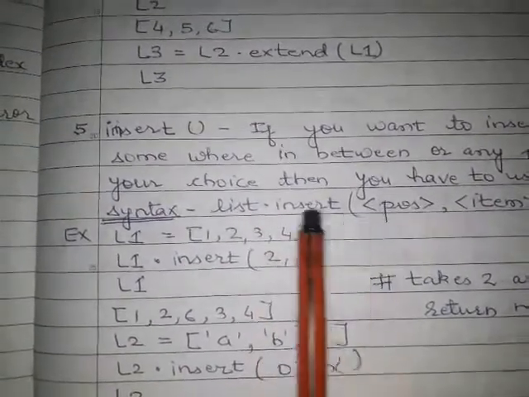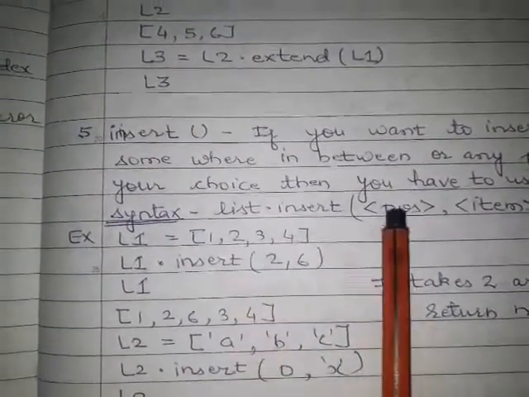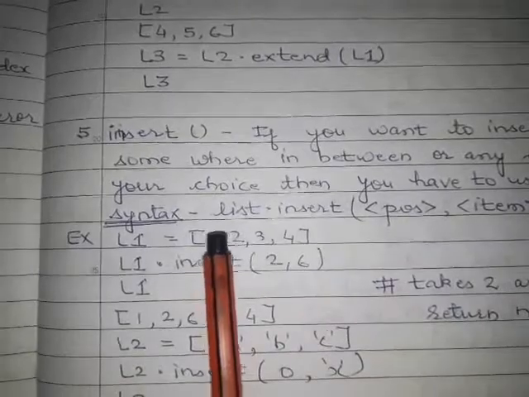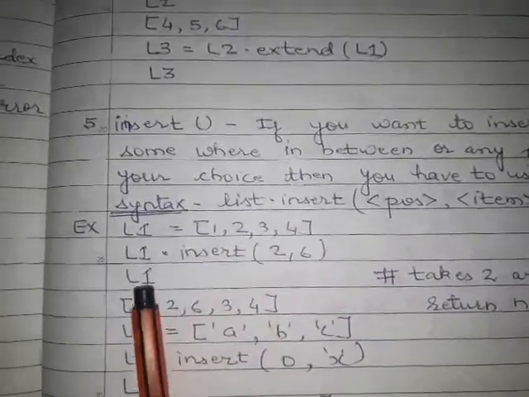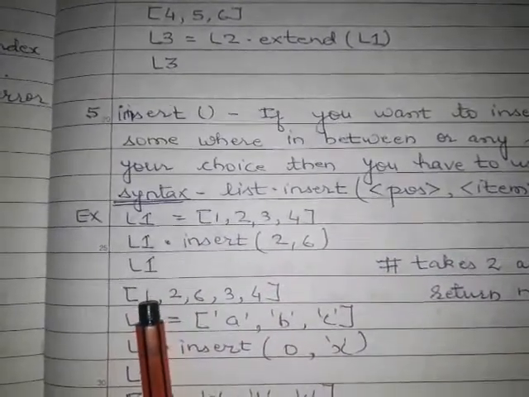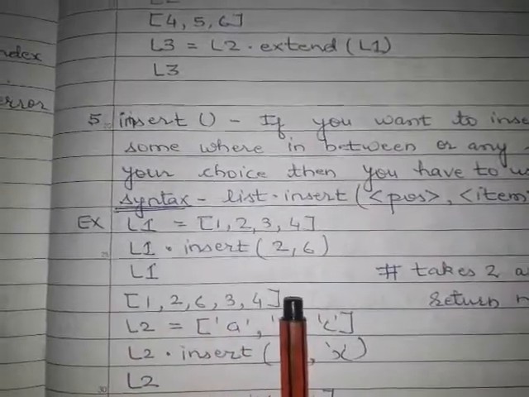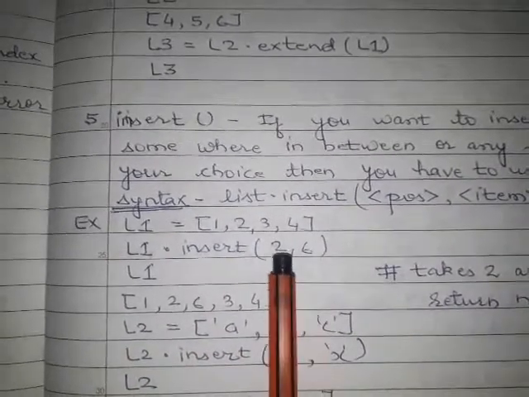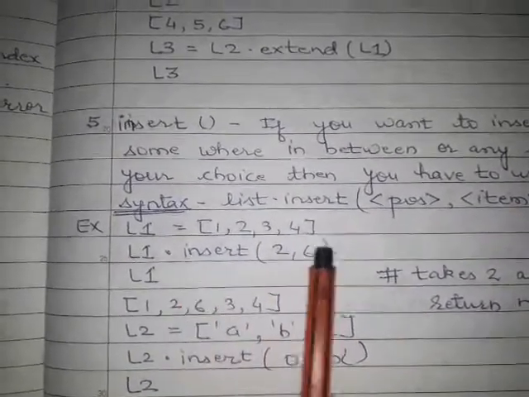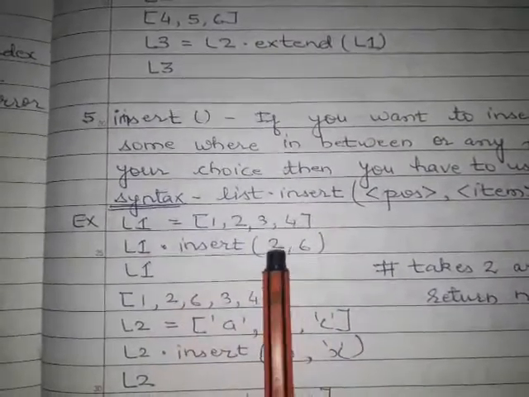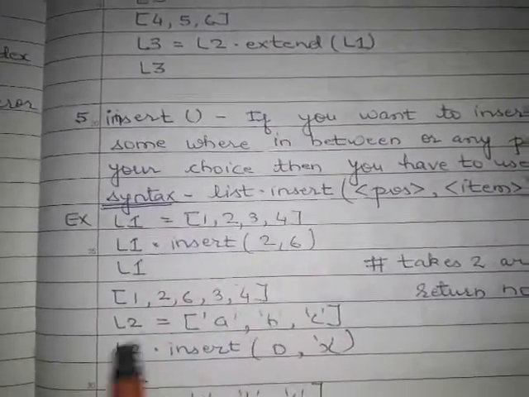So 3 is shifted towards the right, and the new elements will be 1, 2, 6, 3, 4. Now when you print L1, the output will be 1, 2, 6, 3, 4. So 6 is inserted at index 2. This is the main concept of insert, position as well as value. You have to pass two arguments.